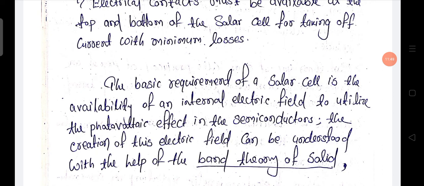The creation of the electric field can be understood with the help of band theory of solids. That means the generation of the electric field inside the semiconductor will be understood by using band theory.